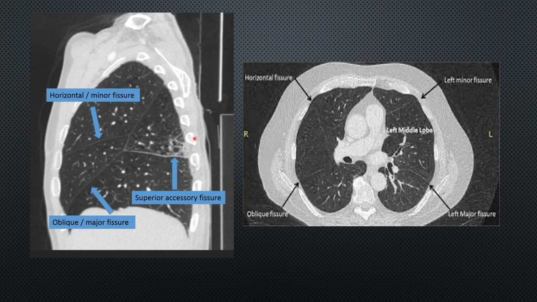And the minor fissure, and below that the middle lobe on the right side, we usually see at a level which is much below the division of the carina. There's also the superior accessory fissure, as we may call it, which can actually separate the superior segment in the lower lobe from the rest of them. So this is what we'll appreciate here.